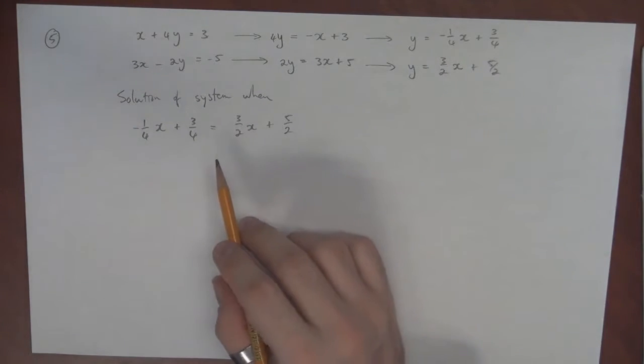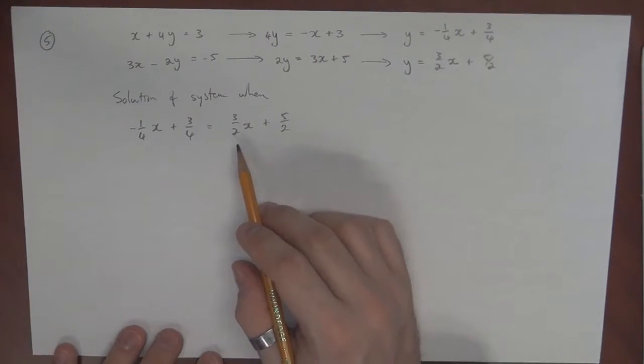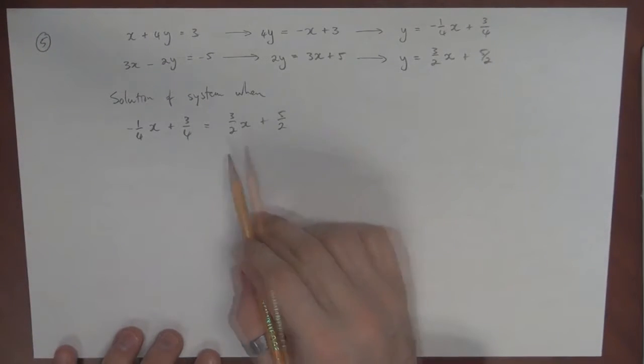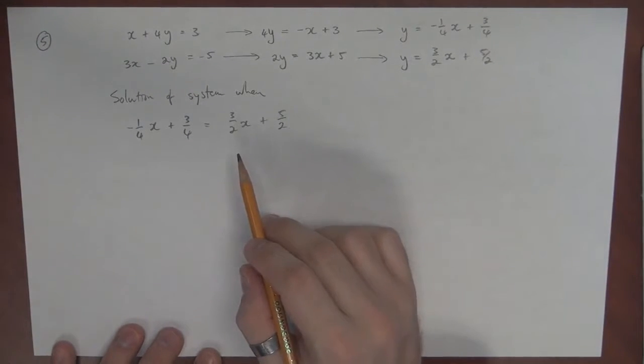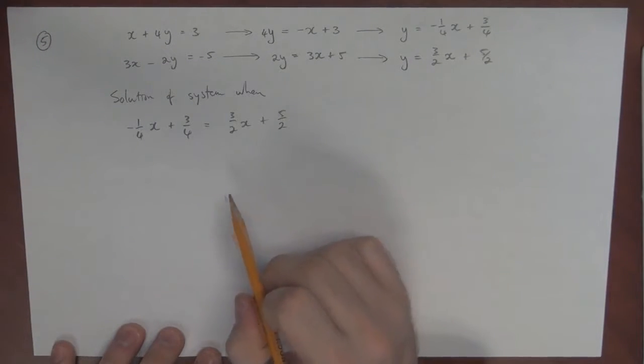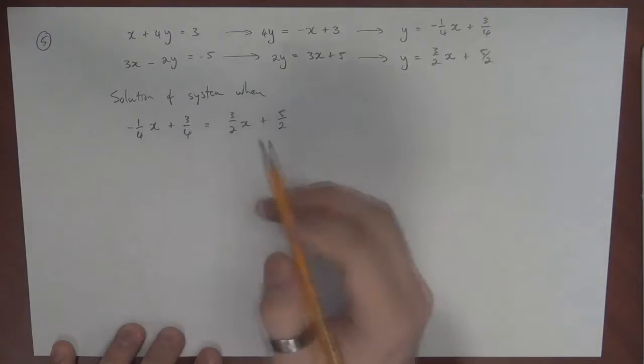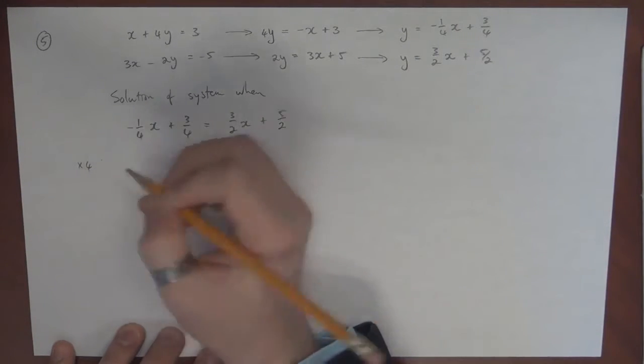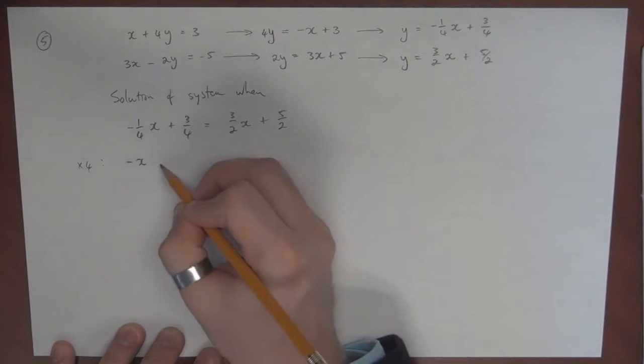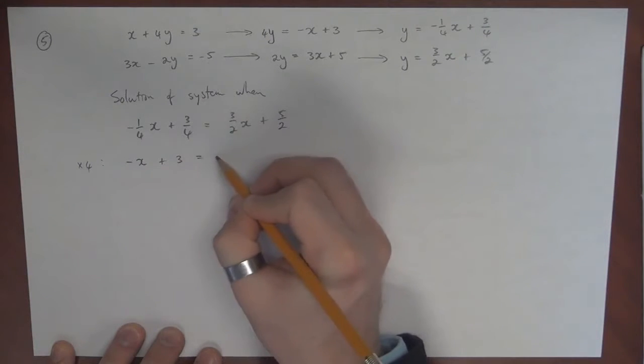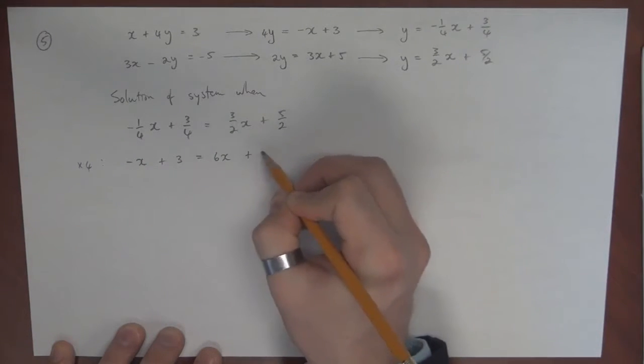So now I do have some slightly unpleasant fractions, not the worst fractions in the world, but they are fractions nonetheless. I can make this look much better if I just multiply throughout by 4 to get negative x plus 3 equals 6x plus 10.